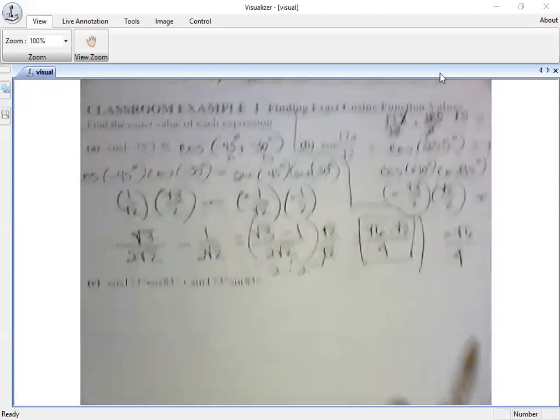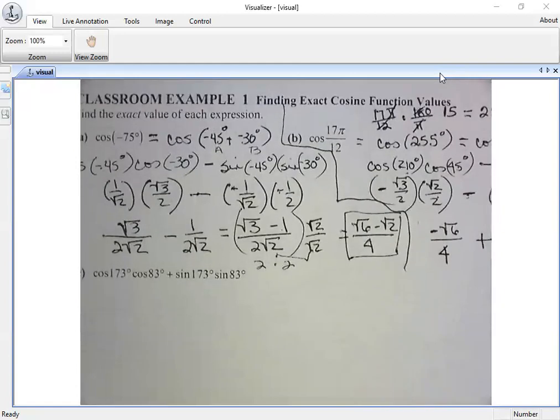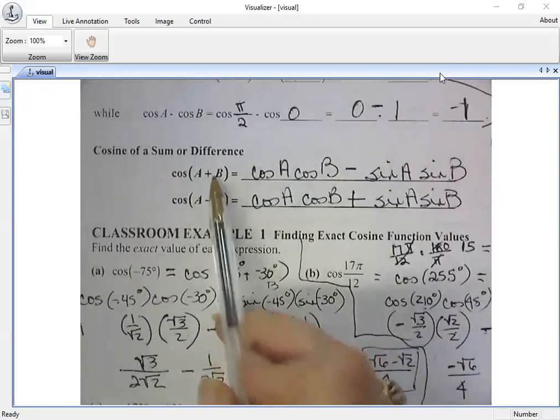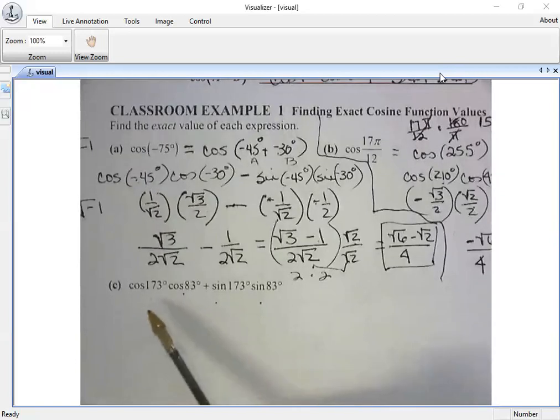Okay, now look at this thing. This is kind of going the other direction because this looks like that sum or difference formula, and they want us to be able to write what it would be equivalent to if we were to put it back into this form. So look at that carefully.